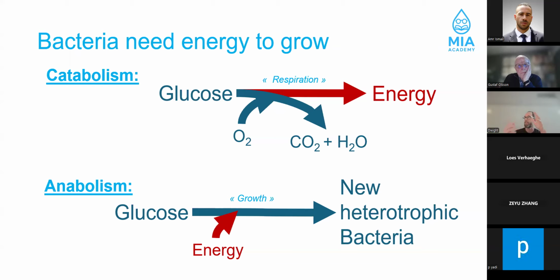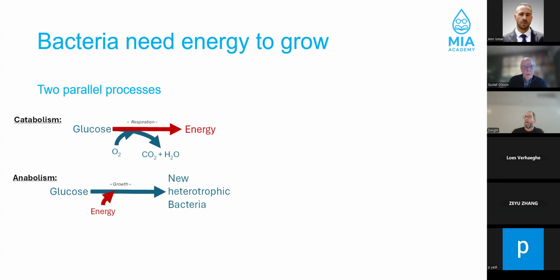And so they take the energy that they released in the catabolic step, and in the anabolic step, they invest it into transforming the organic substrates that they have to grow on to create new biomass. And so we can think of the two steps being catabolism and anabolism, or we can think of it as respiration, so they're respiring, or using oxygen to burn carbon, and growth. And there are two parallel processes going on in the bacteria at all times.